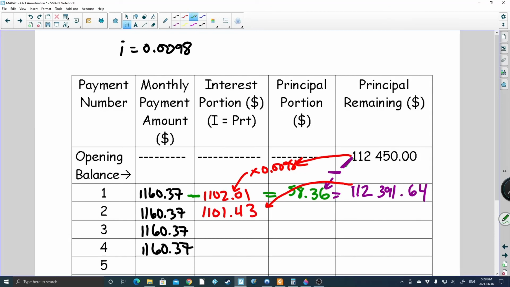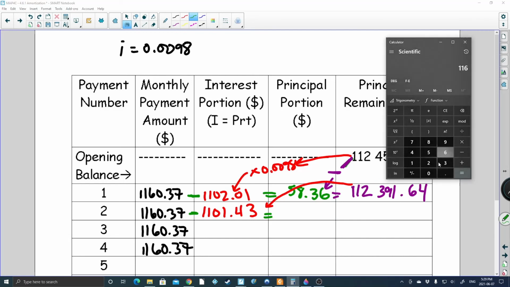We then subtract those two numbers, what the bank is charging us, what they're taking as their interest. So let's subtract those two numbers. And that gives $58.94.